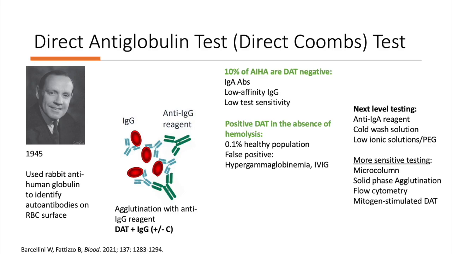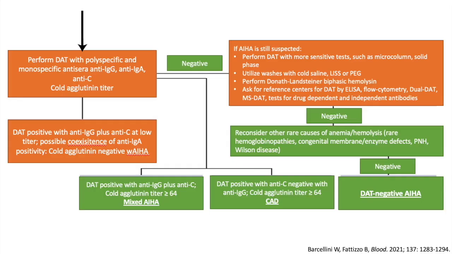This is called the direct antiglobulin test, or direct Coombs test, because it evaluates the presence of autoantibodies directly adherent on patients' autologous erythrocytes. This test is performed by using patients' erythrocytes, putting them inside a tube containing anti-IgG or anti-complement fraction antisera, and the positivity of this polyspecific direct antiglobulin test would give the diagnosis of autoimmune hemolytic anemia.